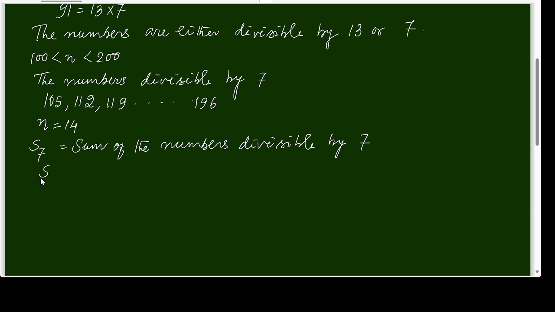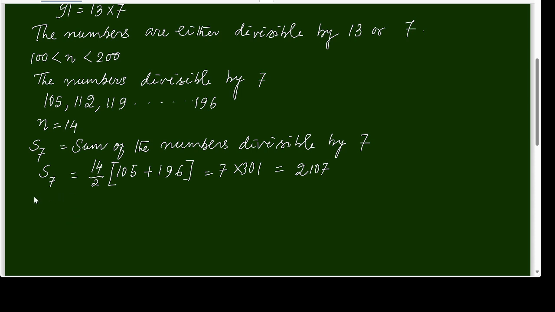Then S7 equals, putting the formula n by 2 times first term plus last term, so 105 plus 196, this will be 7 multiplied by 301, so it will be 2107.